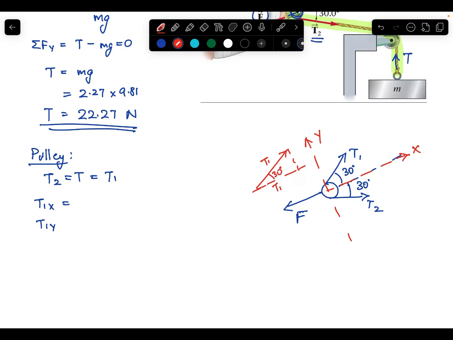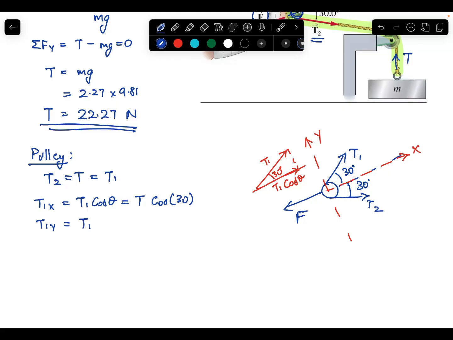So the x component is just T1 cosine theta, which is equal to T times cosine 30. I'll put the values in later.